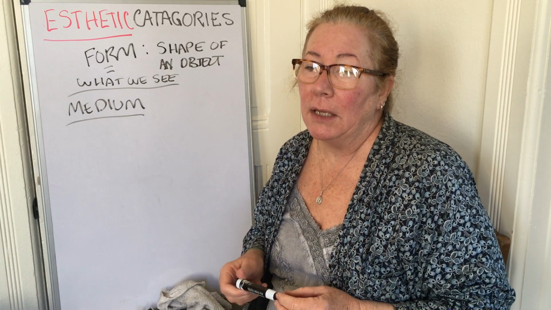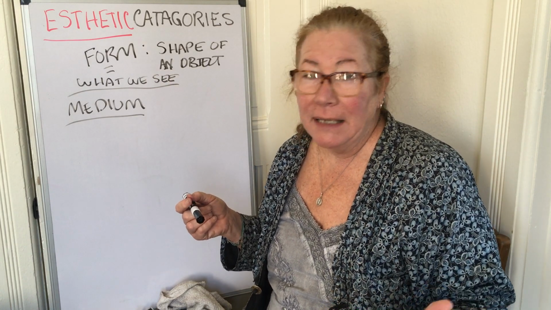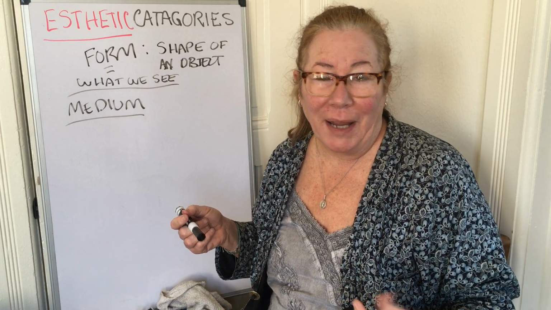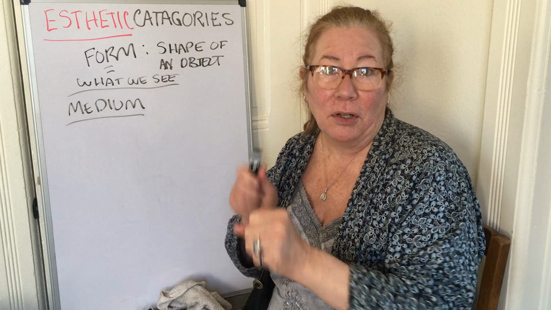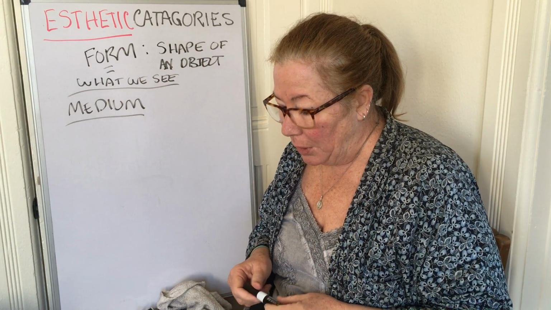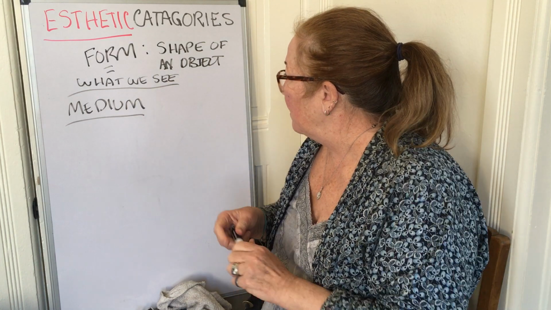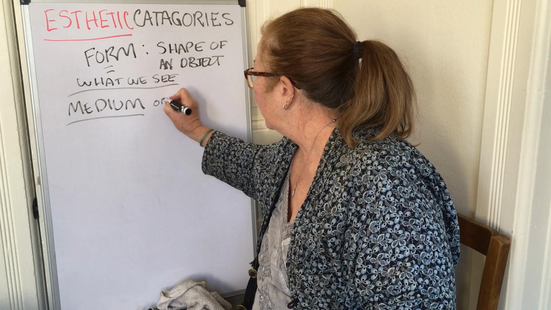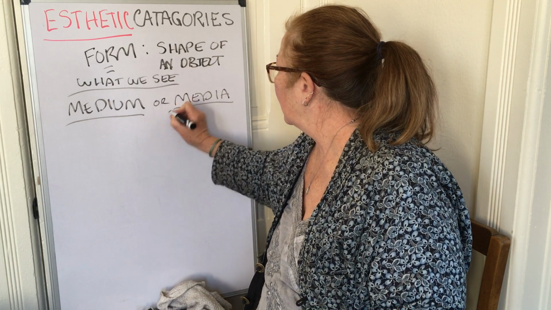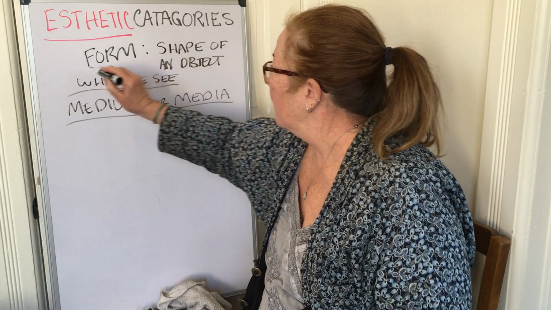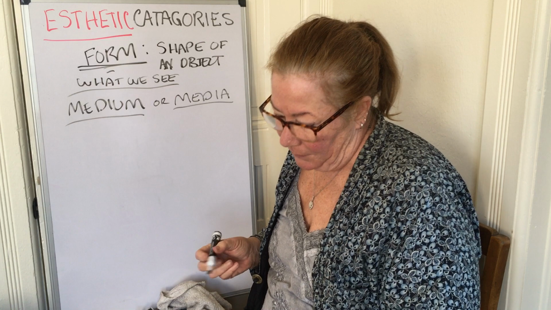And then the tools that they use to do that would be, say, if it's a painting, a paintbrush, right? If it's a stone sculpture, it might be a chisel and hammer. So these are the kind of things that they would use with the medium, or the plural is media. Okay, so the form is the shape of an object, what we see, right?